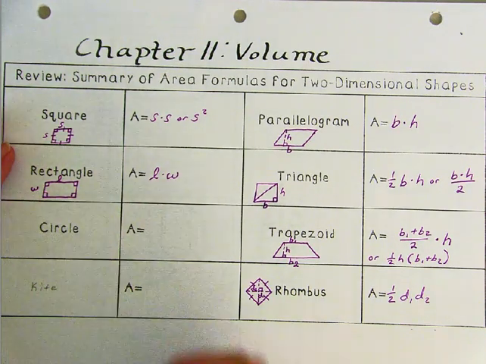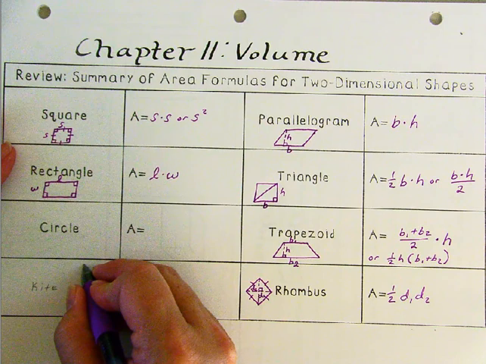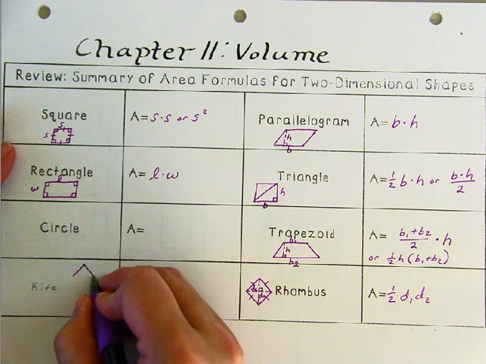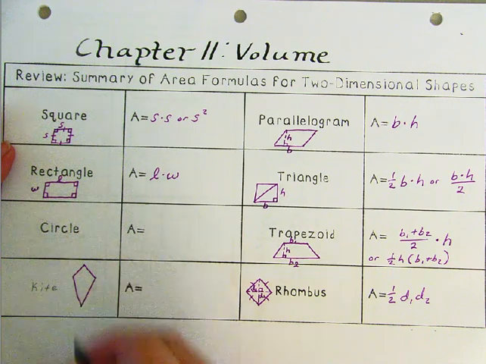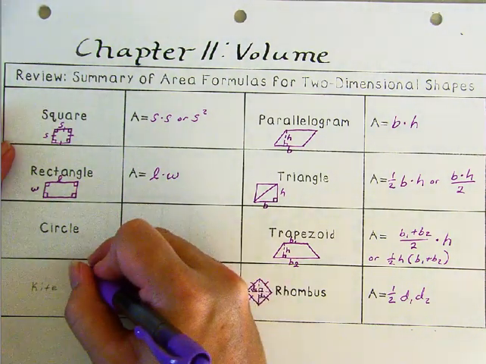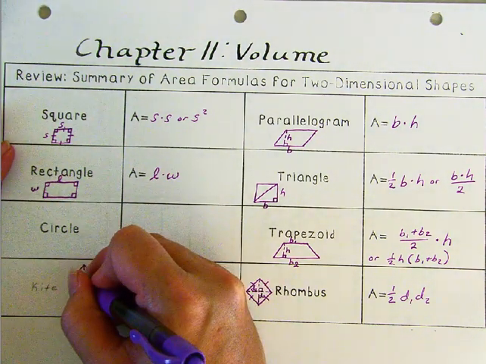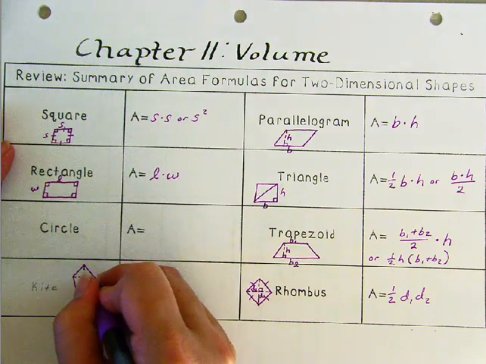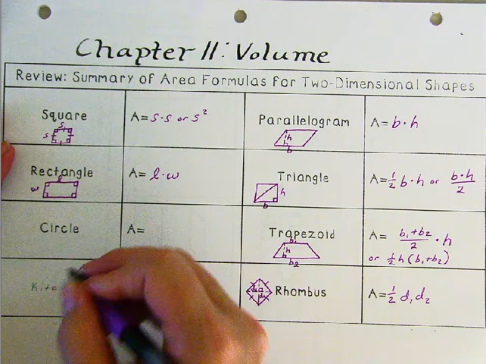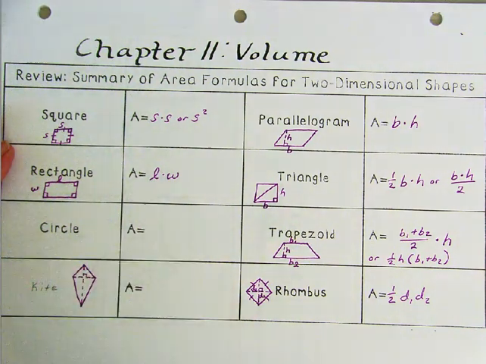So a kite, the difference between a rhombus and a kite is a kite, we've basically pulled the tail down. We've stretched him out. We still have our two diagonals, and they're still going to be perpendicular to each other.